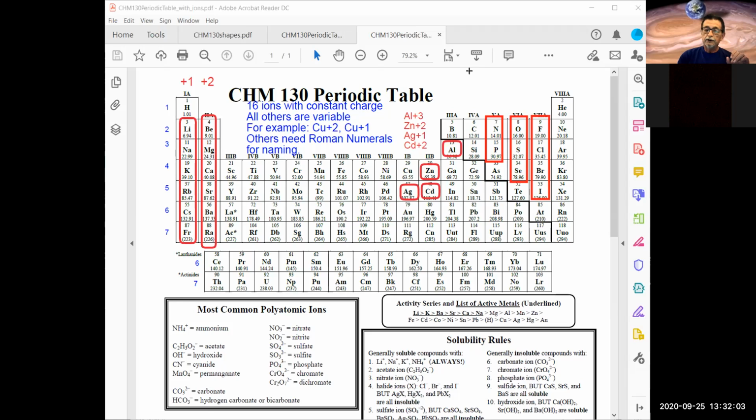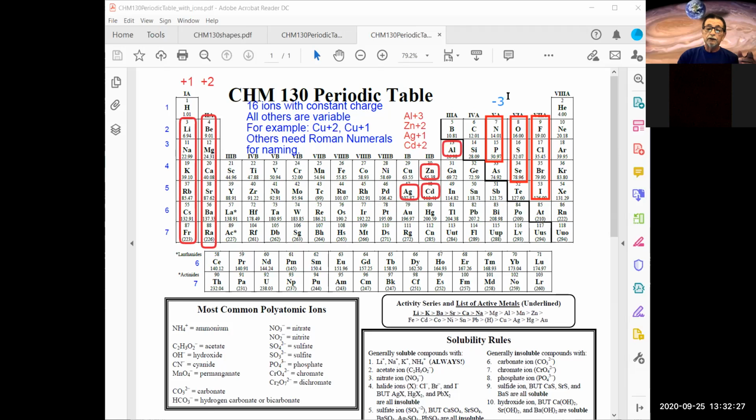They're in group 5. They end up with a negative 3 charge. So the nitrogen becomes nitride with a negative 3 charge. Phosphorus becomes phosphide with a negative 3 charge.